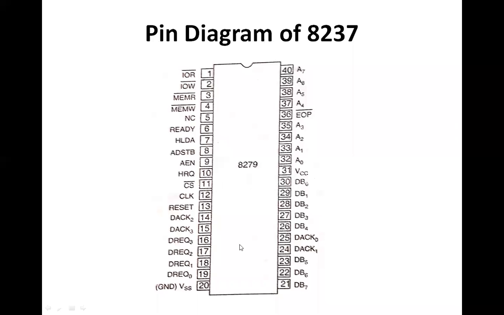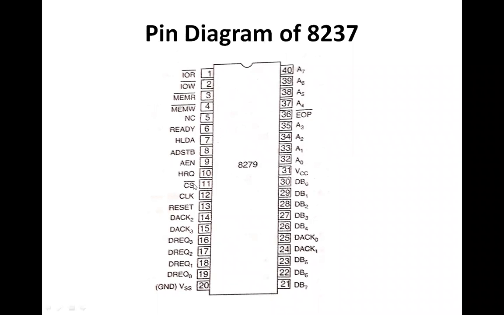I have already explained, but a few of the important signals I just want to explain. For example, what is the importance of the clock signal? The clock is an input signal to the 8237. This clock input is used to generate the timing signal which is going to control the operations of the 8237.